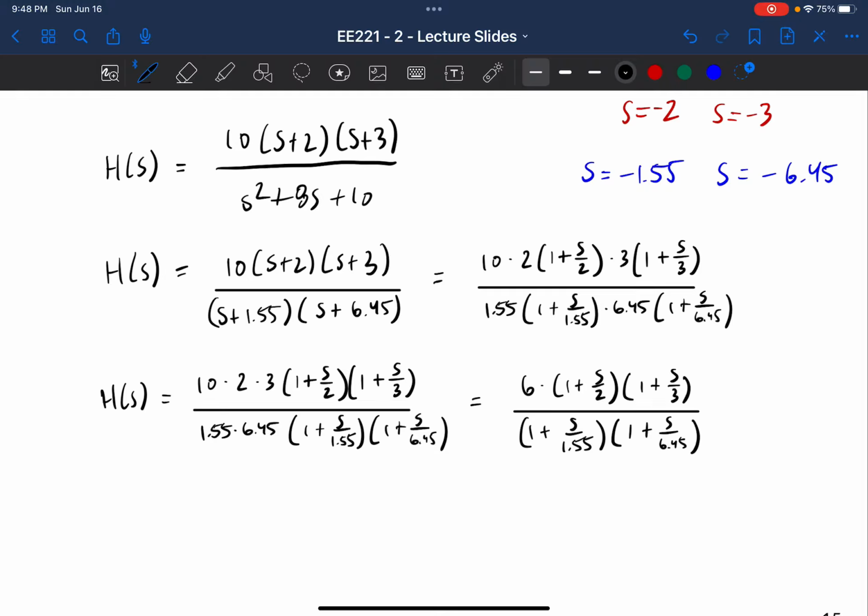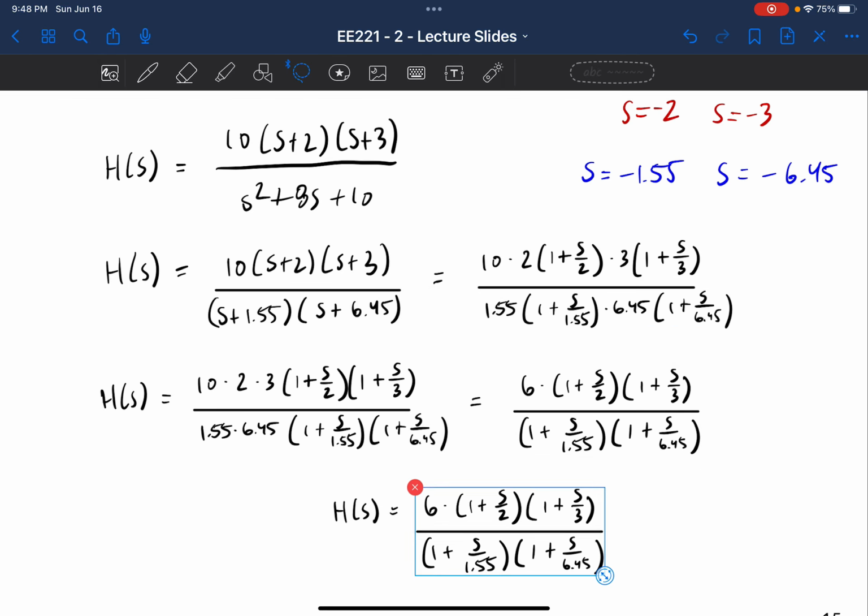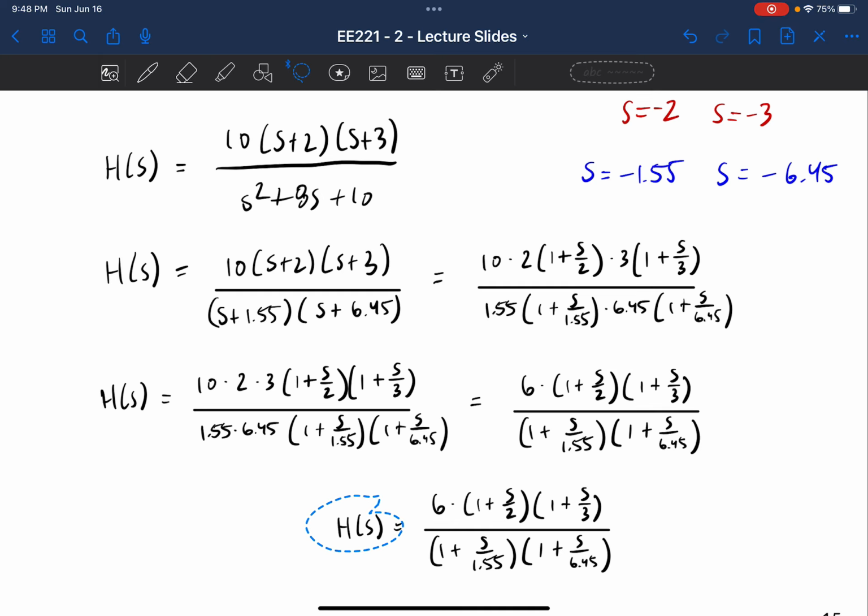This is now my transfer function, but it is written in what's called standard form. Let me copy, paste, and put a box around this because this is important. This right here is standard form for my transfer function.